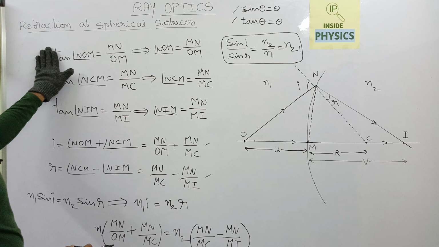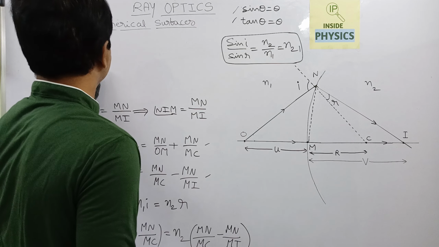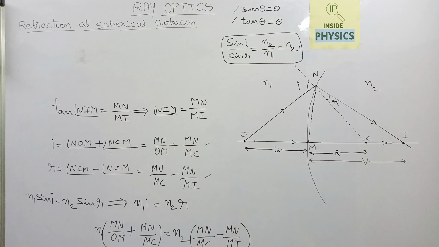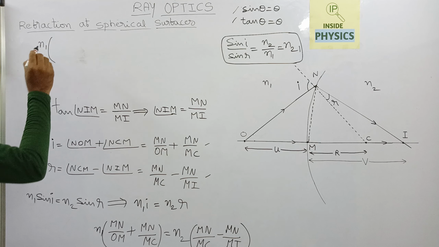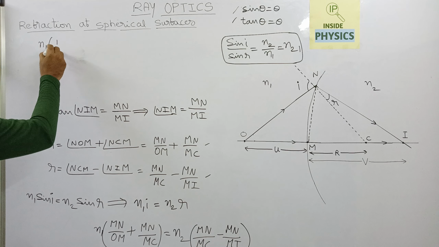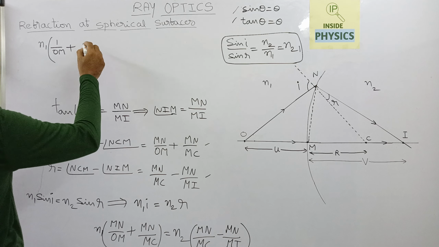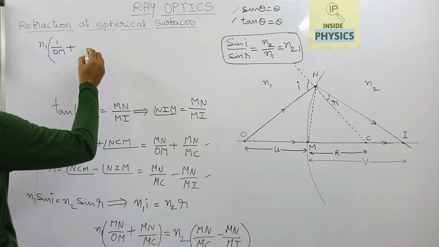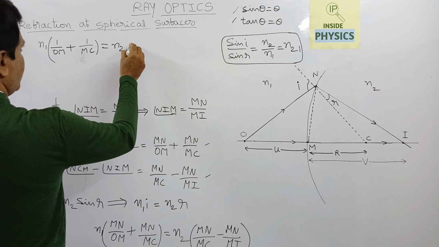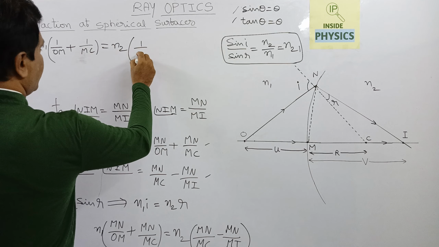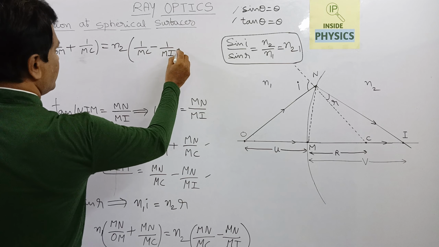See, this will become N1 by OM plus N1 into 1 by OM plus 1 by MC is equal to N2 into 1 by MC minus 1 by MI.